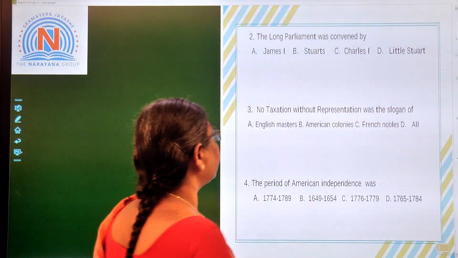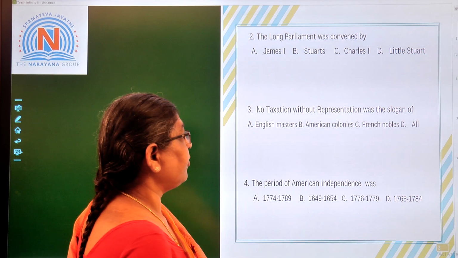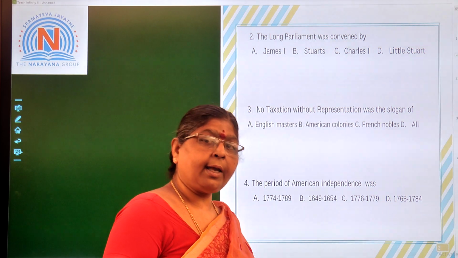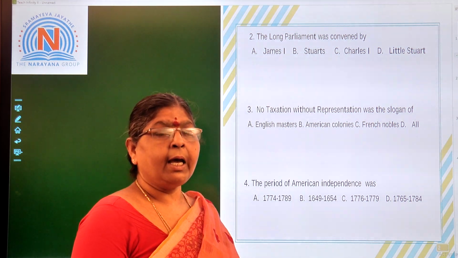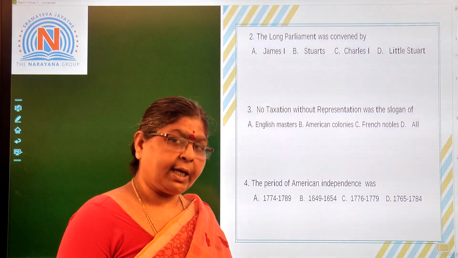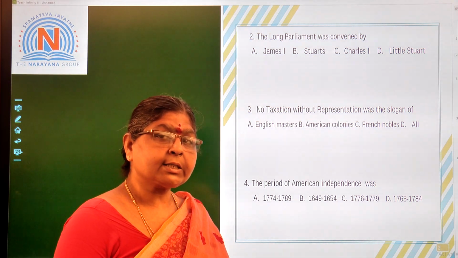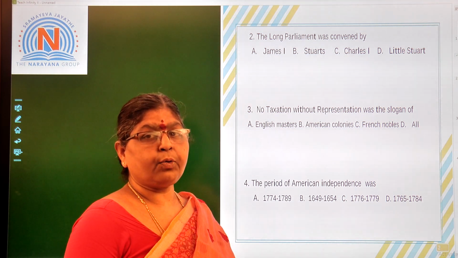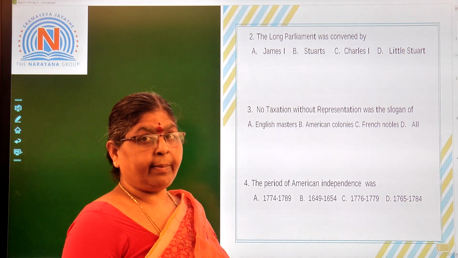Okay. Now let us see the next one. The Long Parliament was convened by whom? After that, Charles I began dictating the terms. He started ruling the country without any parliament, because the parliament was asking questions. So he abolished the parliament and ruled the country without the parliament for certain years.